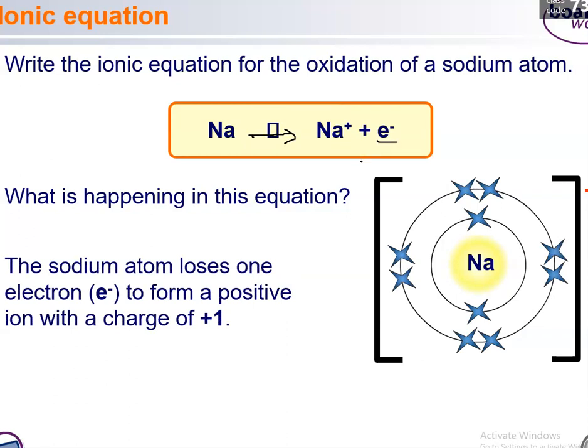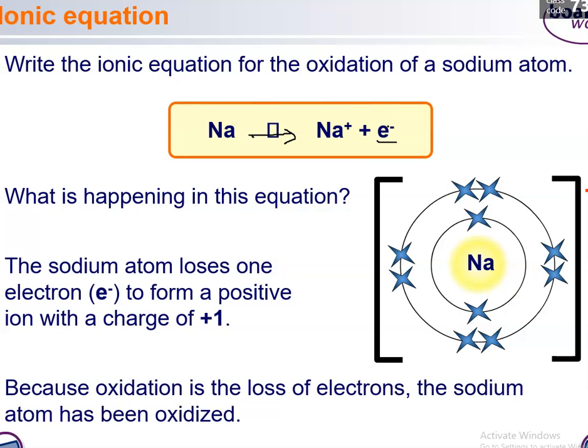Now what is happening is that sodium loses 1 electron to form a positive ion with a charge of +1. Okay, and this is the electronic configuration. You should be able to write down the ionic equation of that oxidation reaction.